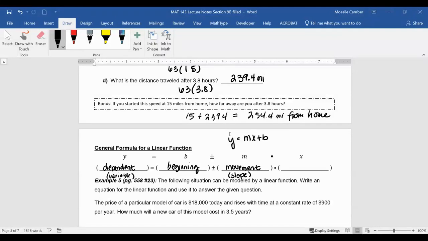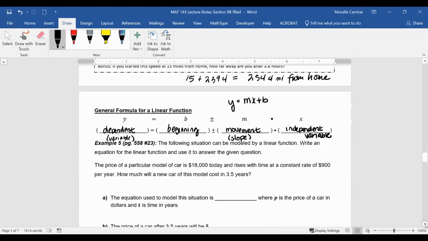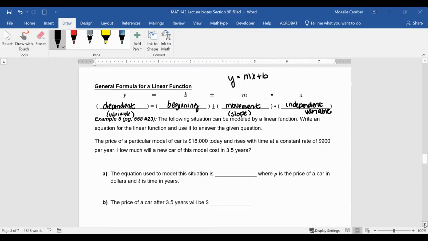Well, it's not how much you moved, it's the way you move, how fast you move. So that's your rate. And then x is going to be your independent variable. So when you're writing out an equation, an actual function, you're going to keep the y and the x in there, and you're going to replace b and m with numbers. So let's look at some examples.